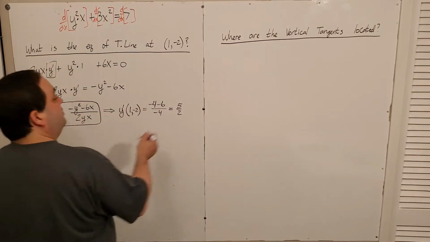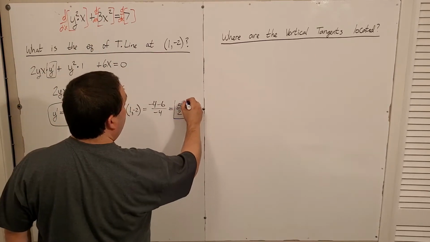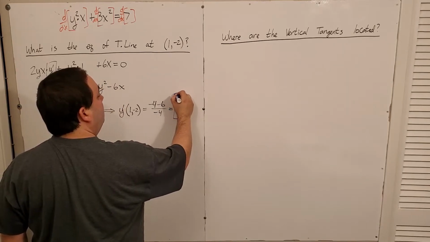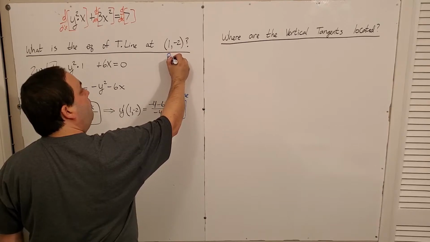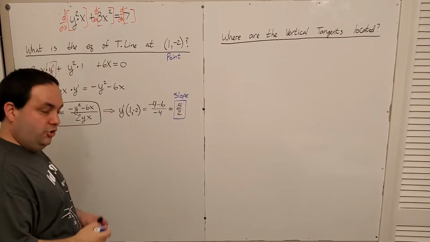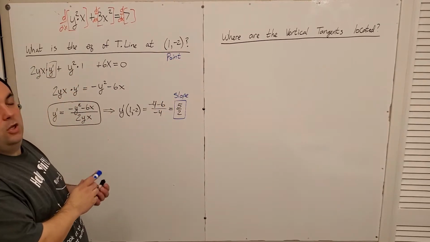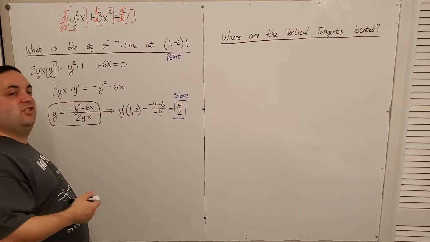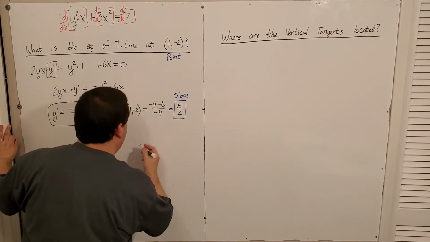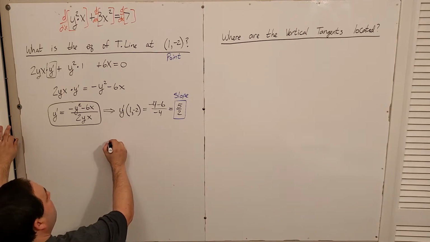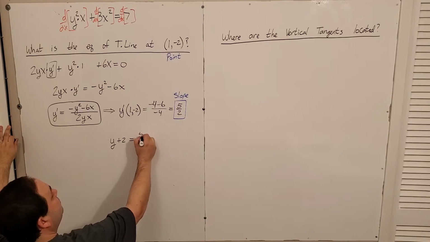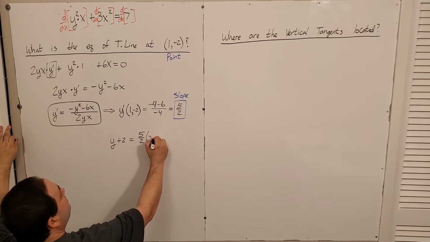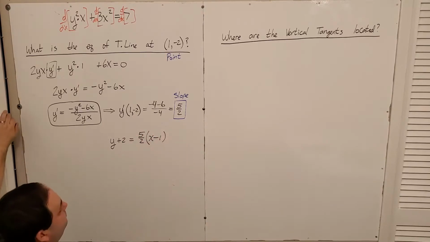A derivative value is the slope of a tangent line. So here's my slope. Here's my point. So I'm going to create the equation of a tangent line using point slope. I will have y minus negative 2, so y plus 2, is equal to 5 over 2 times x minus 1.